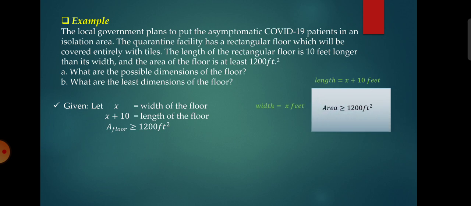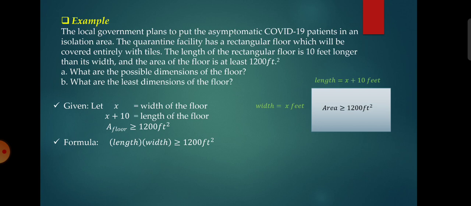So to illustrate, we have here the rectangle or the rectangular floor wherein the area is greater than or equal to 1,200 square foot. The length is x plus 10 feet. The width is x feet. Formula. Area is length times width. So length times width represents the area.